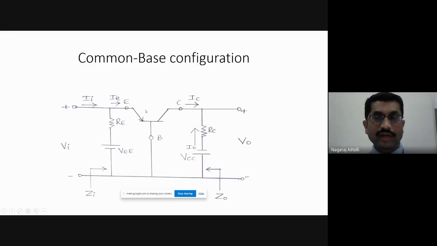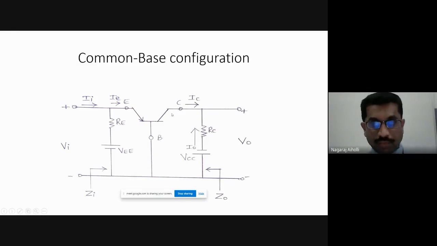Whereas for common emitter, it will be IC by IB. Therefore IC equals alpha into IE.